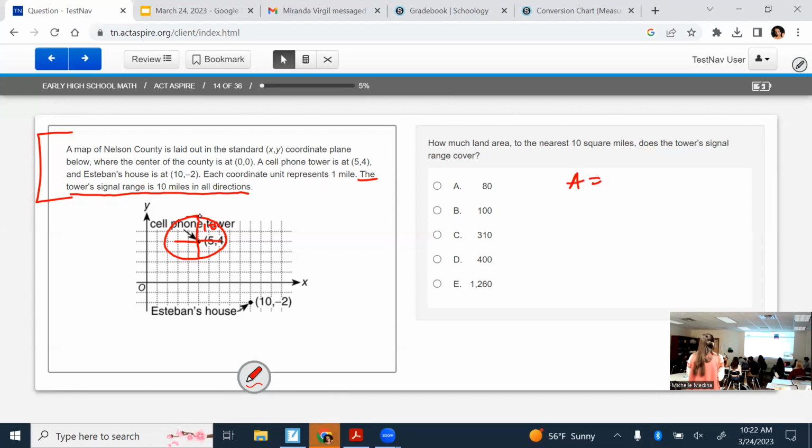Do you guys know off the top of your head how to find area of a circle? Not length times width, because it really doesn't have a length or a width. So try again. Anyone?